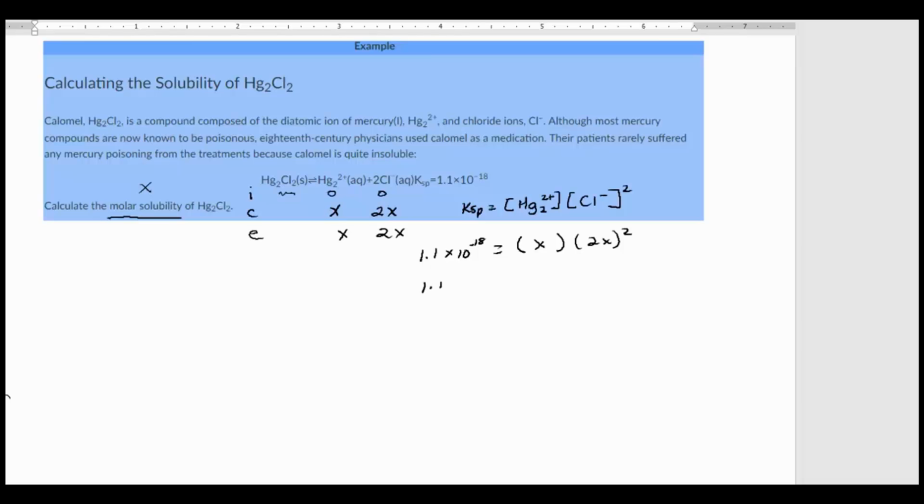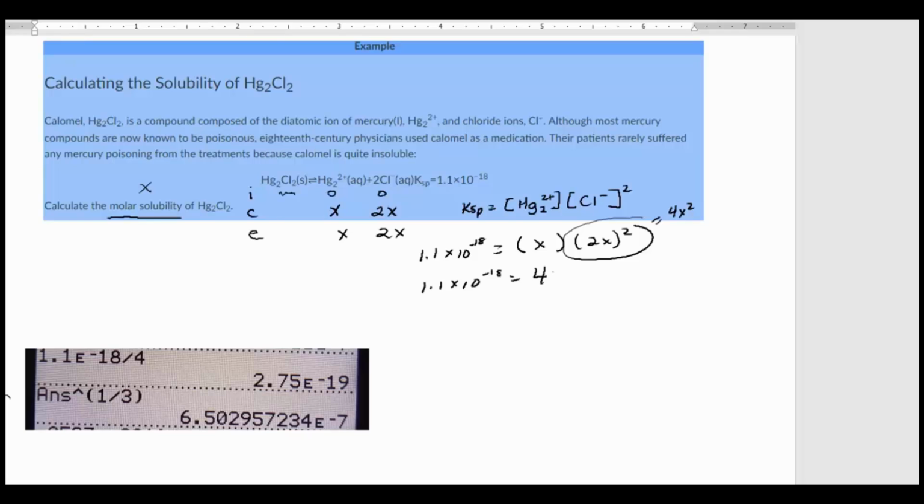So I'm going to simplify this. Remember, this part here is 4x squared, and I'm multiplying it by x, so I get 4x to the third. Divide both sides by 4, take the cube root. I get an x value of 6.5 times 10 to the negative 7 molar. So that is the molar solubility that we're looking for.